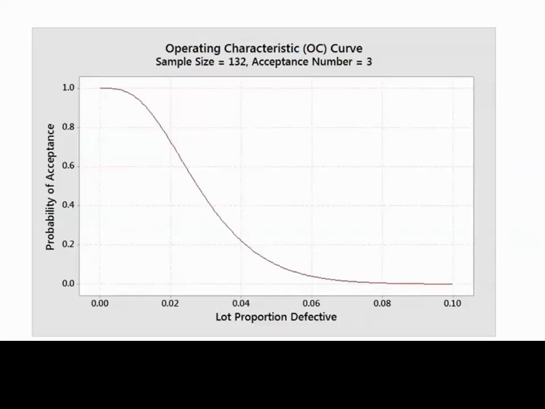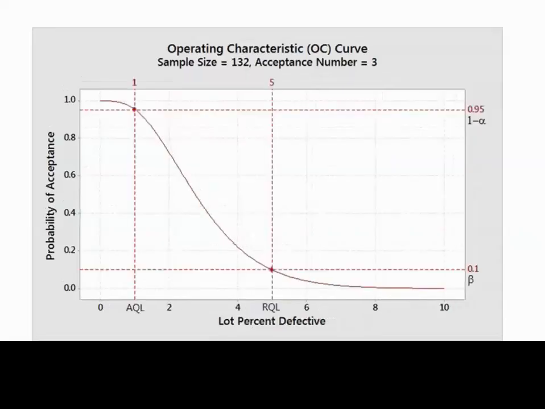We covered how you would generate this, given the N and the C, using the binomial distribution. What we did is we worked backwards, right? We calculated N and C by fixing this point and this point. At 1%, which is the AQL, this curve can drop no more than to 95%. The probability of acceptance has to be at least 95% at the AQL.